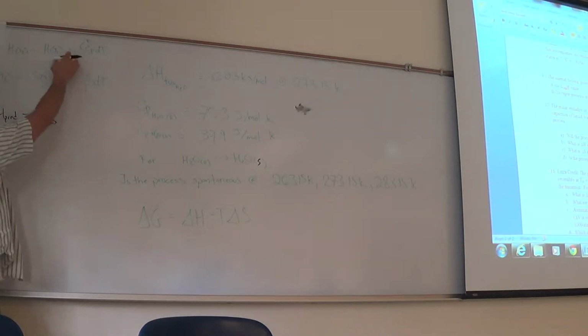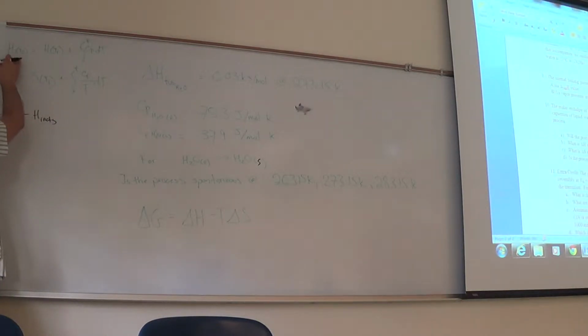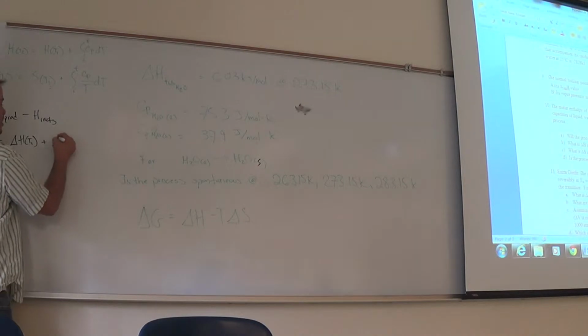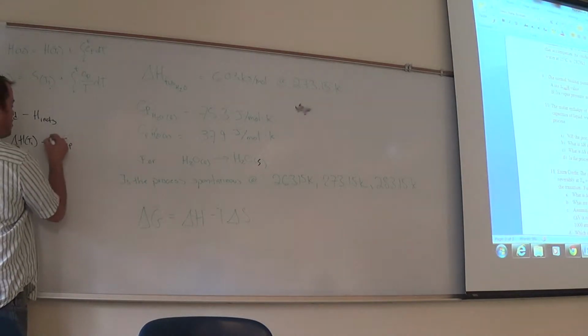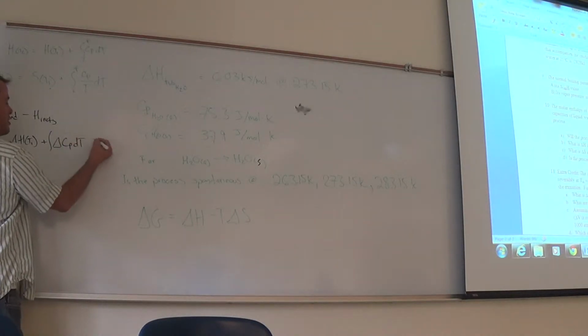And you plug in this whole expression for H of products and H of reactants. So it'd be H of T2 of the products minus H of T2 of the reactants to get delta H of the reaction. What this all ends up coming to is that delta H of T2 is equal to delta H of T1 plus the integral of delta C sub P dT.